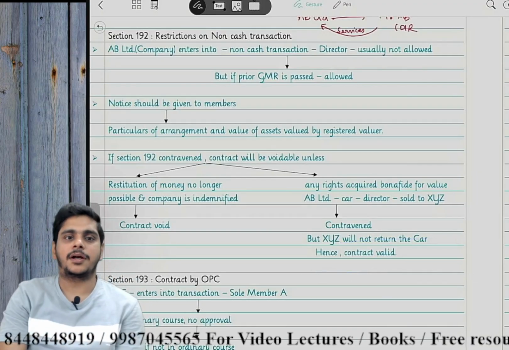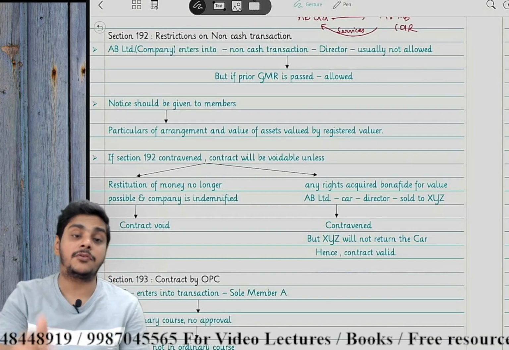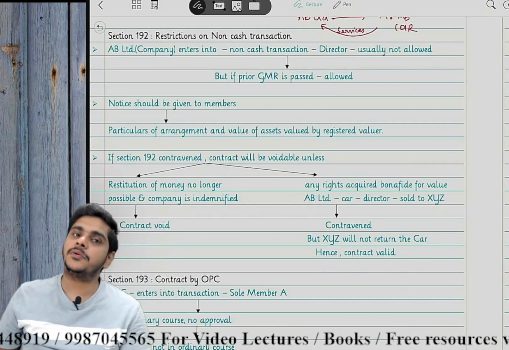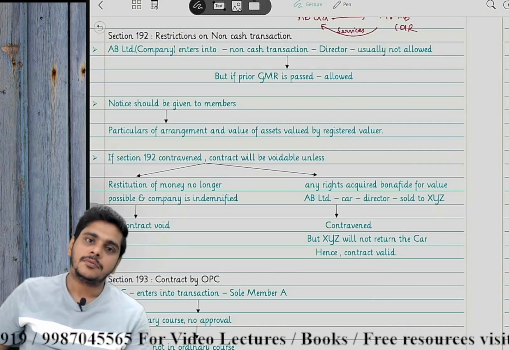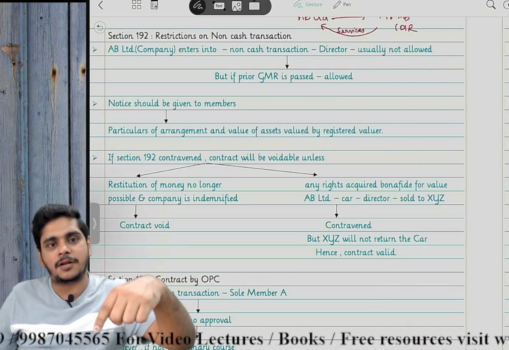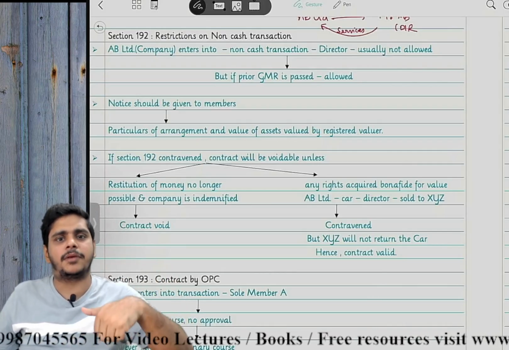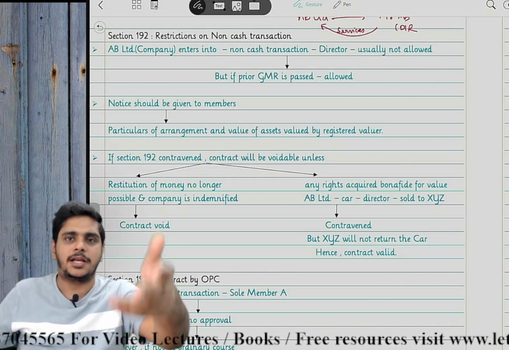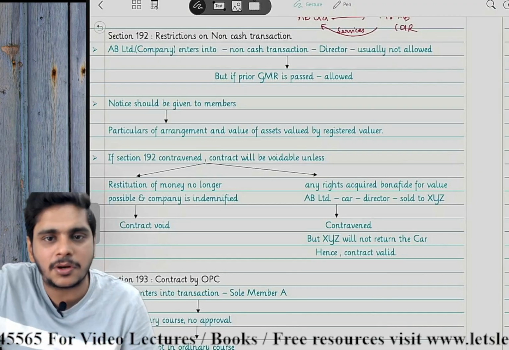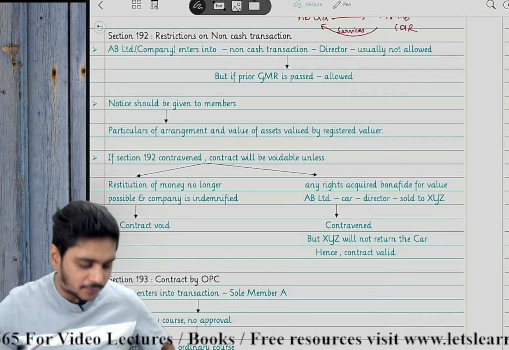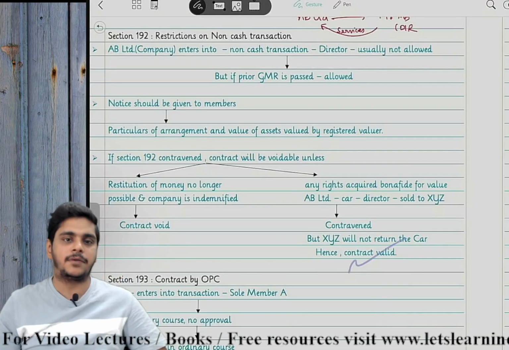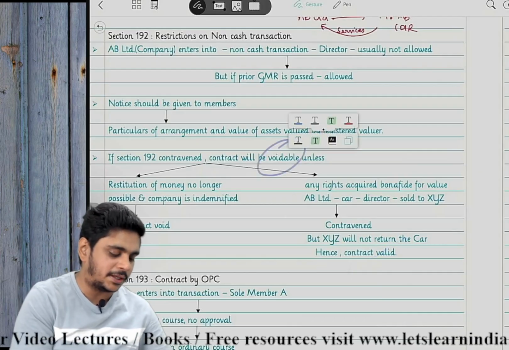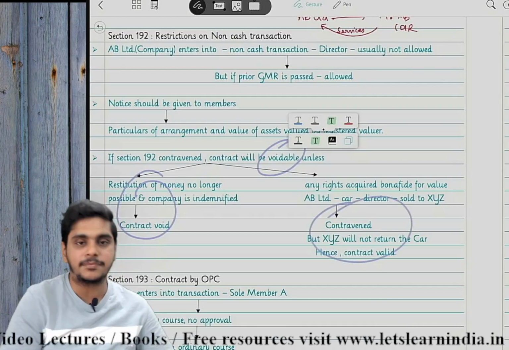Imagine you are in place of XYZ, will you return the car? No. The company comes to you and says, please give us the car back. You will say, I bought it from AB, you take it from AB. AB says, I sold it to XYZ, XYZ has given me the money. So the car will not come back. In that case, the contract will become valid. Generally it is voidable, in one case it becomes void, and in this case it becomes valid.